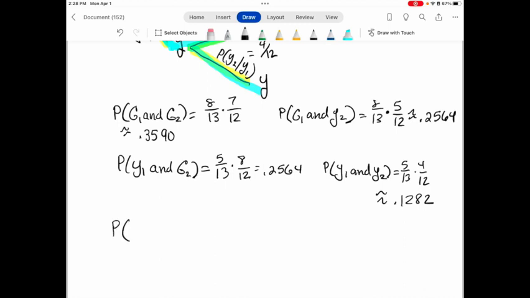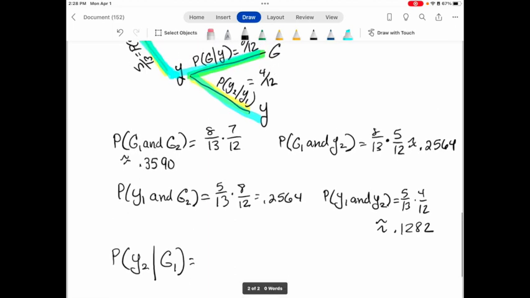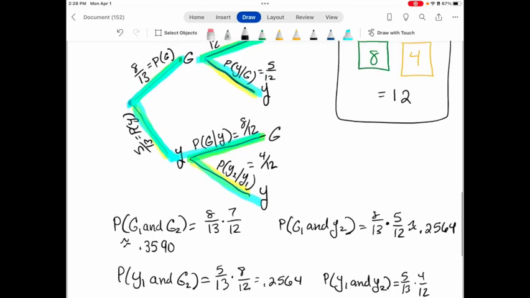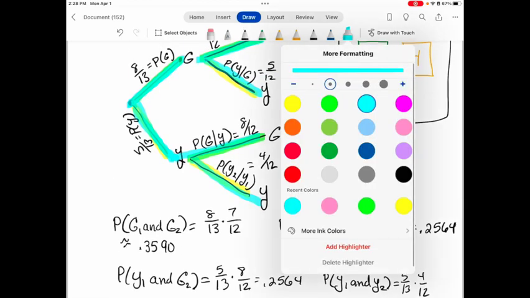Now, let's say I asked you to make the tree diagram and then answer some questions. So let's say I ask you to find the probability that I pick a yellow the second time, given that I already picked a green the first time. So I'm assuming that I picked a green the first time, and I want to find the probability that I pick a yellow the second time. So let me pick a different color so we can follow this.